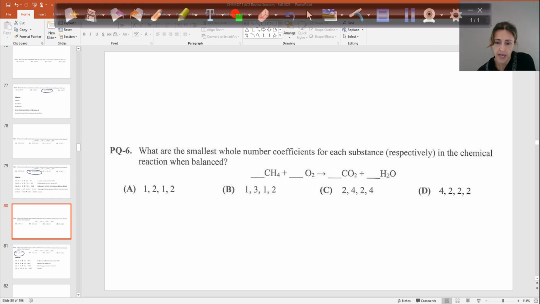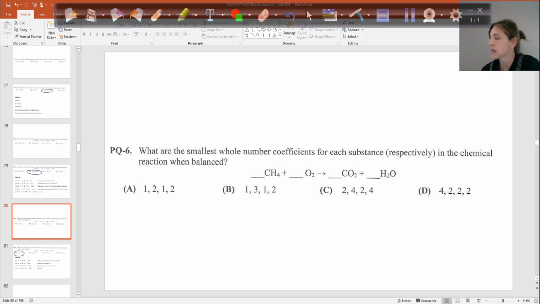So in here, how would we go about this? We have methane plus oxygen that gives CO2 plus water. This is the combustion of methane. So how do we start? I see I have one carbon and one carbon, so carbon seems to be all right.